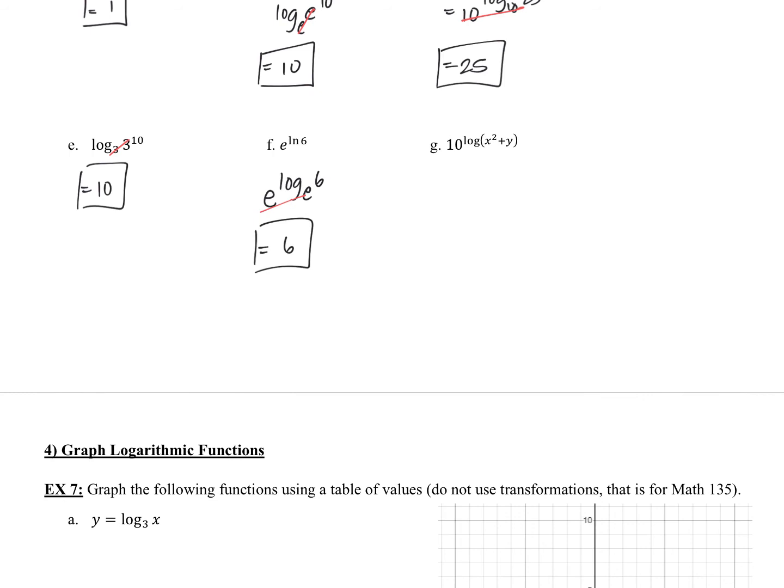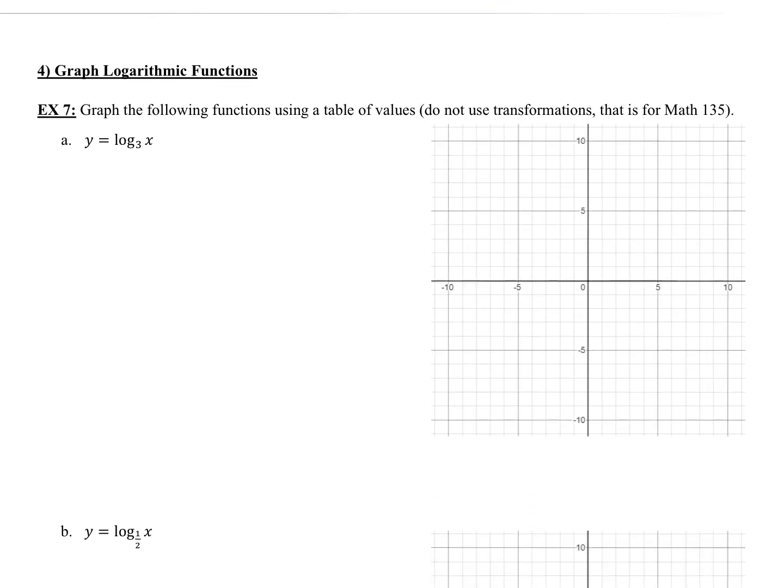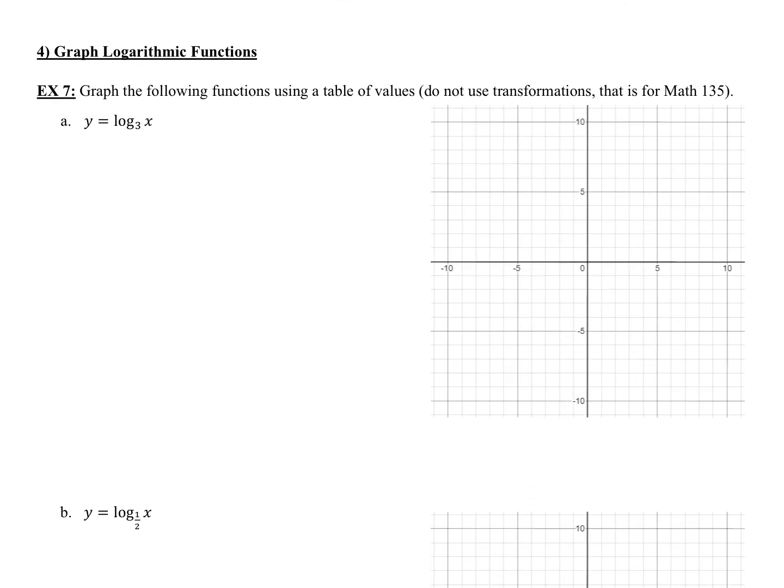Next. That looks complicated. What is the base of that log? That's going to be 10. We'll go ahead and let those cancel, and then we're left with x squared plus y. All right, so always good to notice those cancelings because it makes your problem so much simpler.